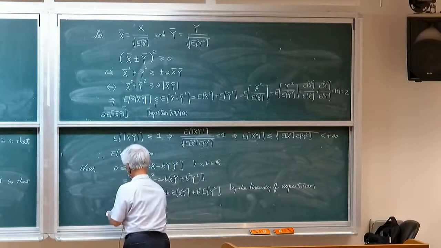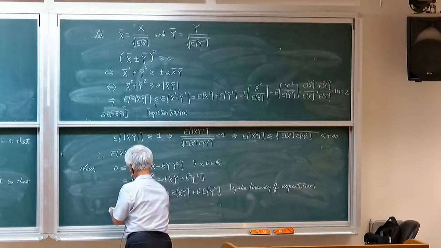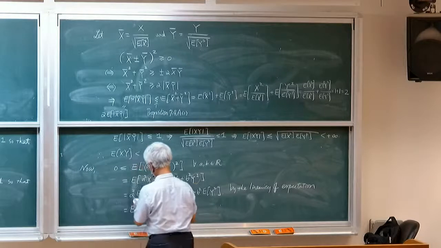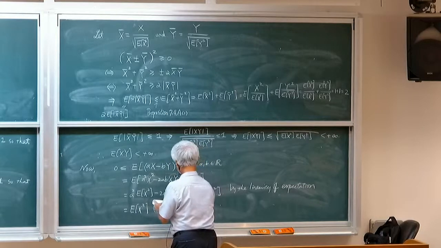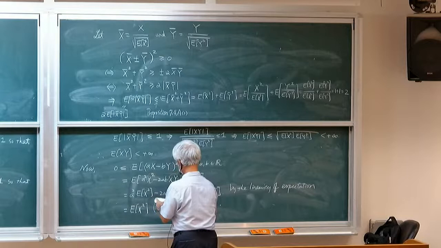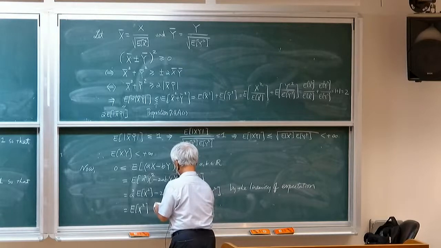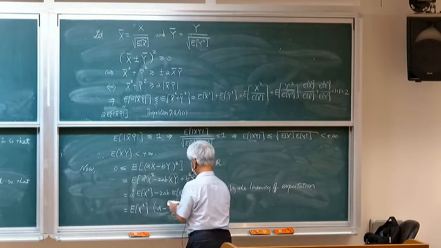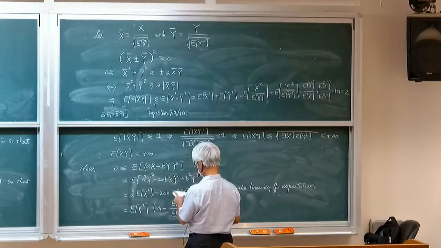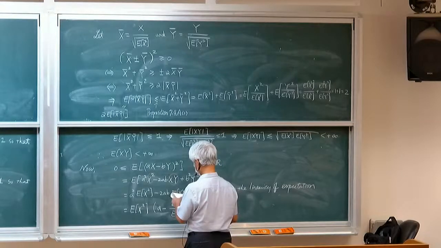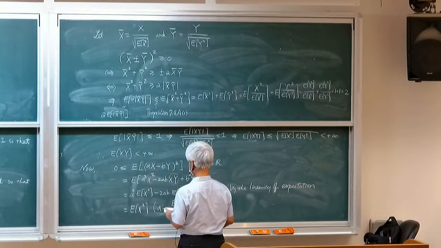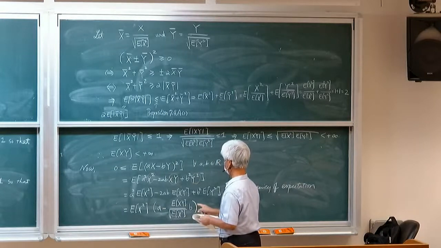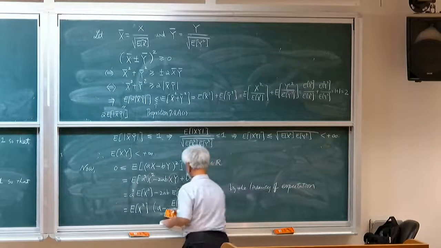So now we can do the perfect squaring. So a minus expectation of xy and the expectation of x squared, and the b. Oh, no, don't take the square root.